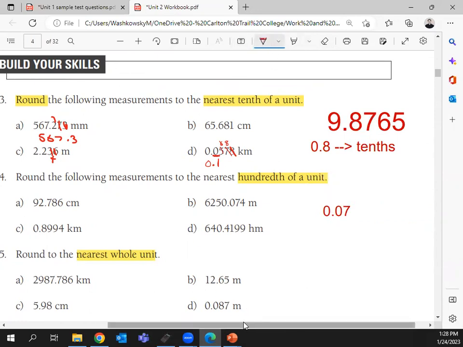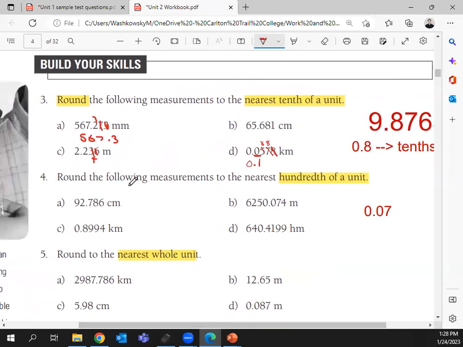And so if you're rounding something to the nearest hundredth, you would eventually end up getting 92.79 here, because now you're going 2 decimal places out.